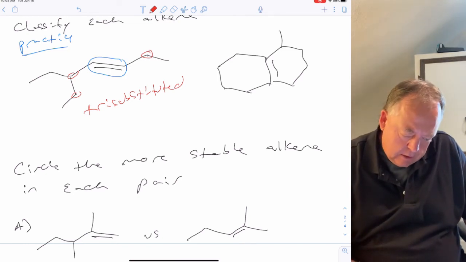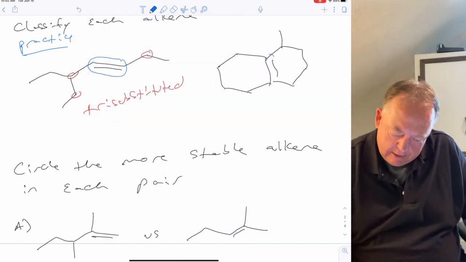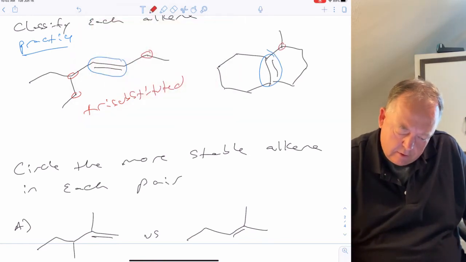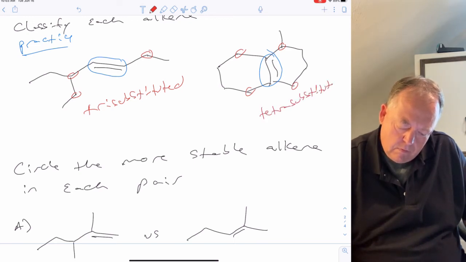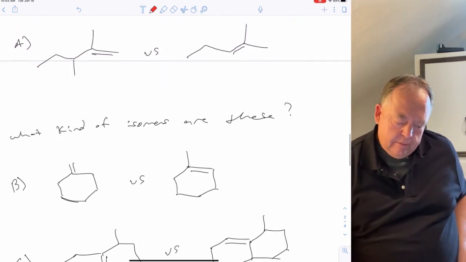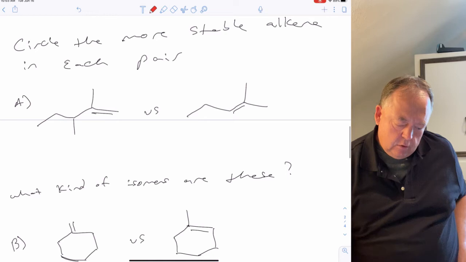And the alkene on the right, that's the double bond. How many carbons are attached to it? That carbon, that one, and that one, so this would be tetrasubstituted.